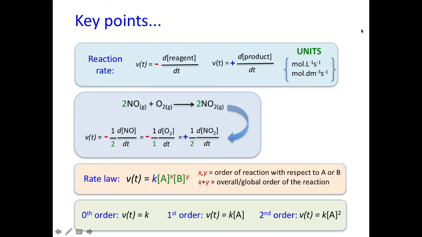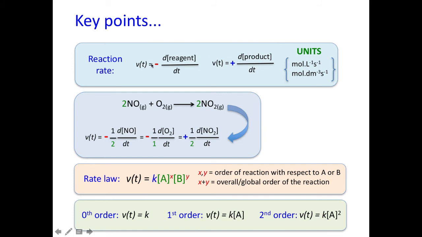Now, this first lecture was short, just to show some basic concepts of kinetics, very introductory kinetics. And the key points are shown here. So reaction rate is given by this. We have Vt is minus the consumption rate of reagents, or is given by plus the production rate of products.